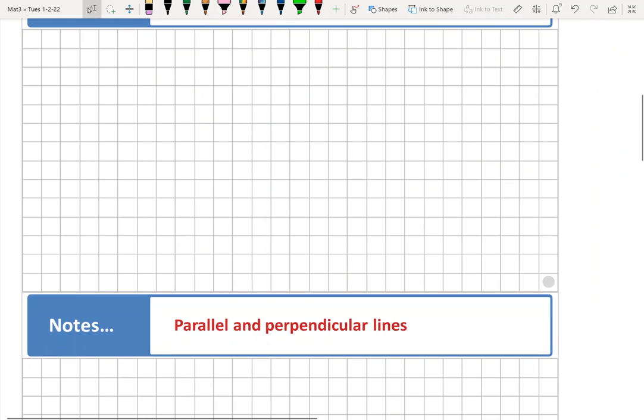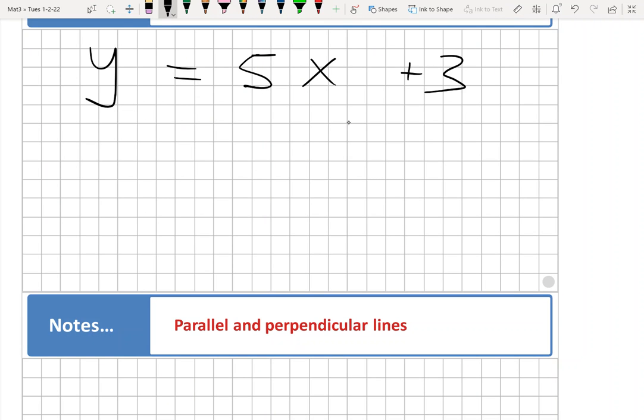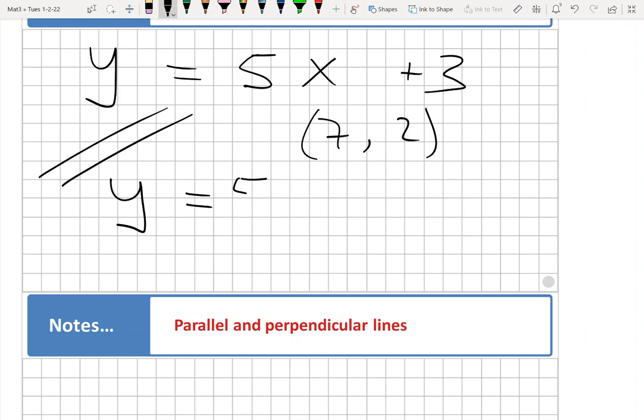Now what if they gave us the line and wanted a parallel line and they gave it to us in slope-intercept format? Okay. They want a parallel line through 7, 2. Well, you just say y equals 5x plus a constant. You can call it k or you can just call it c, because c for constant.